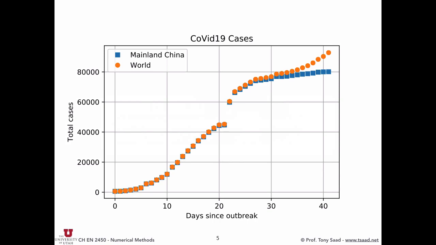Okay, Emily. What if I did something silly and tried to fit an exponential curve after day 30? After day 30, so this would probably be more of a line. I would do regression after day 30. Yes.